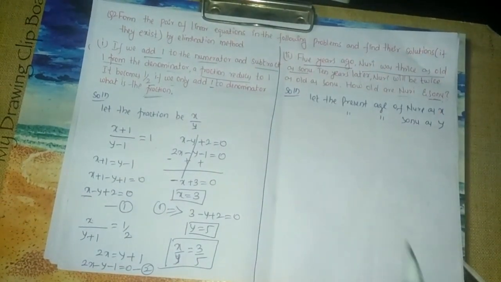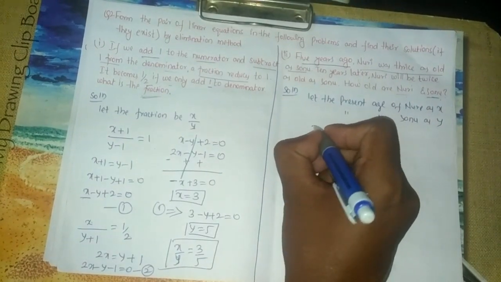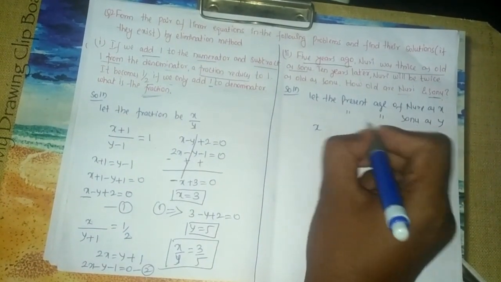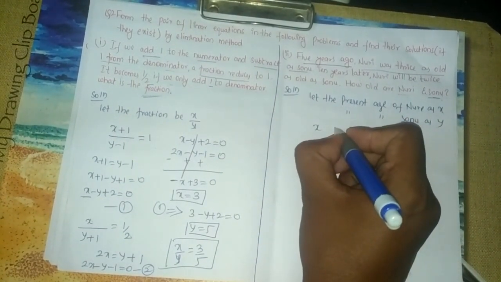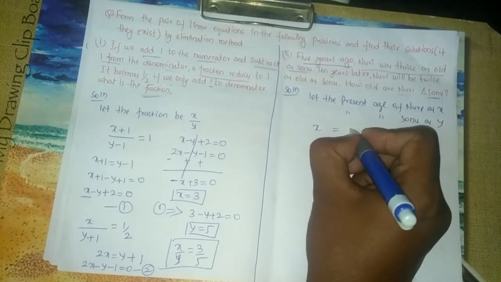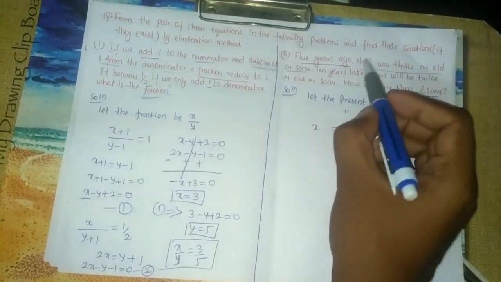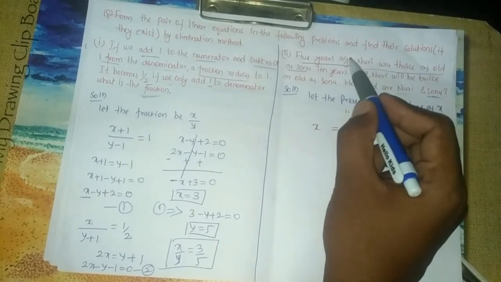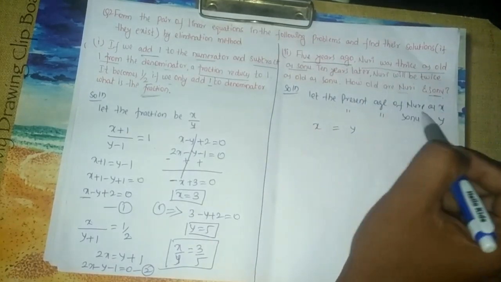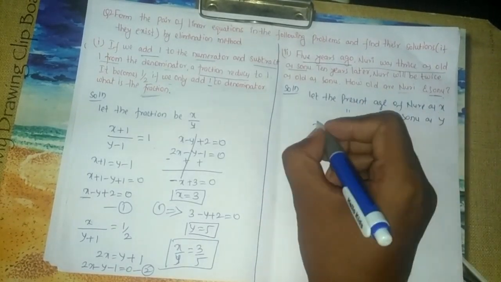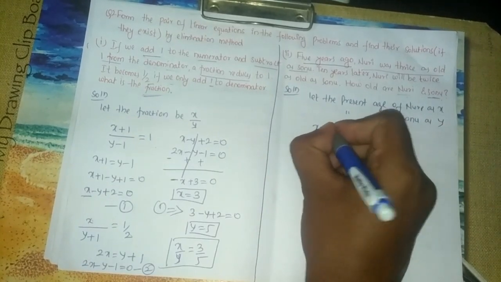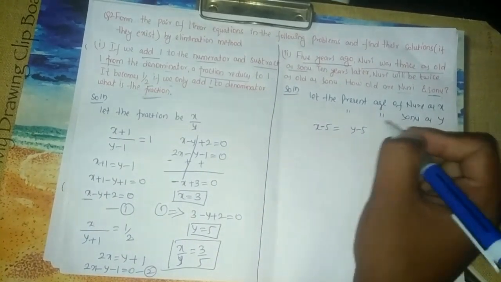This is the first condition. So what I do is I will simply equate the age of Nuri with thrice the age of Sonu. 5 years ago means 5 years from the present age, that is x minus 5 and y minus 5.